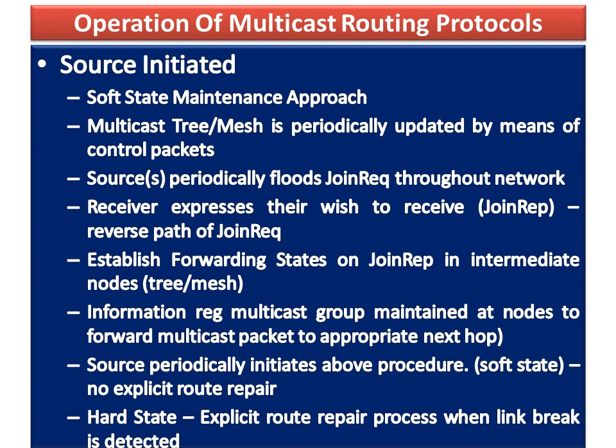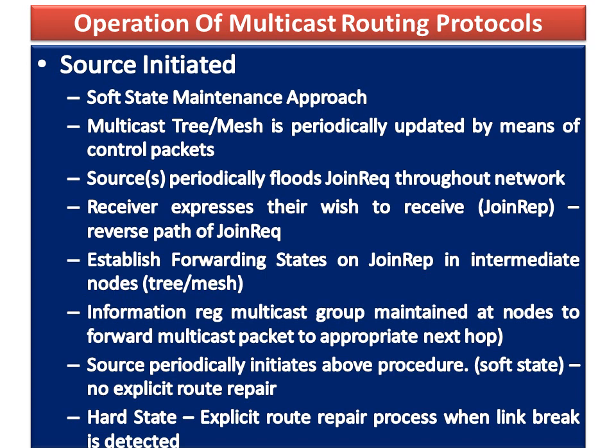That state information is going to be maintained. And so if I want to reach this multicast group, I'll have to forward to the appropriate next hop node. And so what happens is that the source keeps on flooding join requests periodically, and receivers go on to express their wish to receive by sending the join reply messages, right?